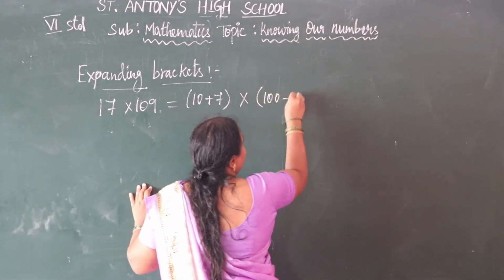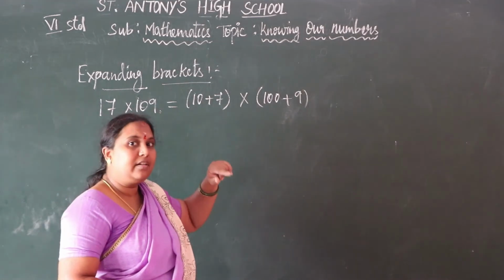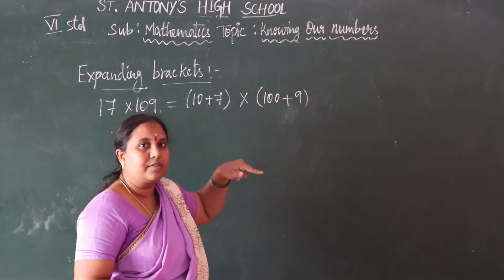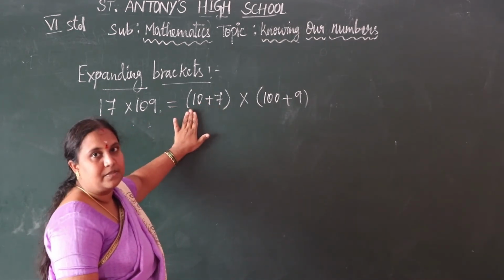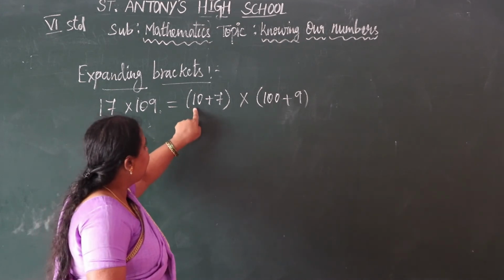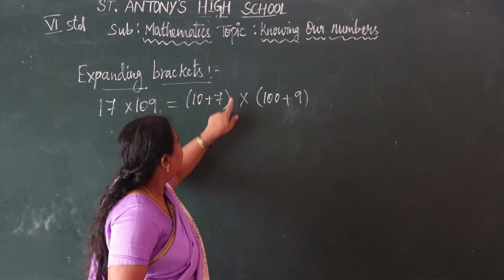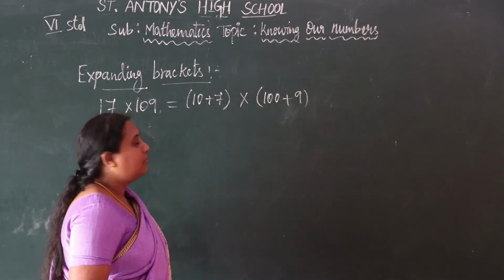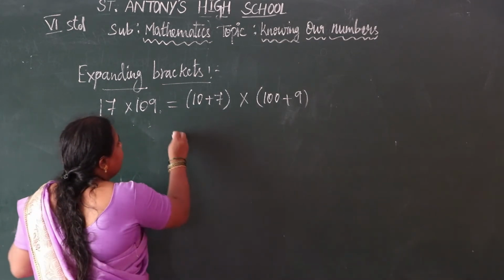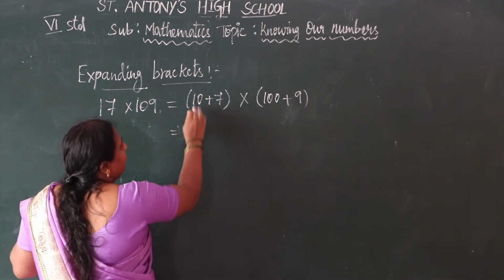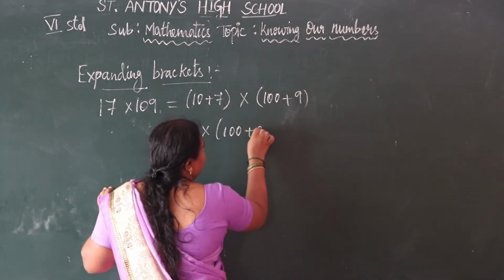So here we have 2 terms. Is it right, children? We should multiply by separating these 2 terms. First we should multiply 10 to this number, and again we should multiply 7 to that given number, 100 plus 9. So first, 10 into 100 plus 9.